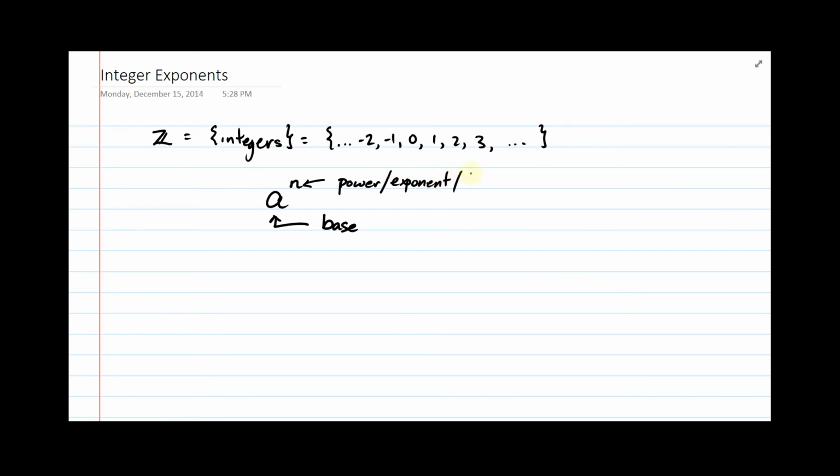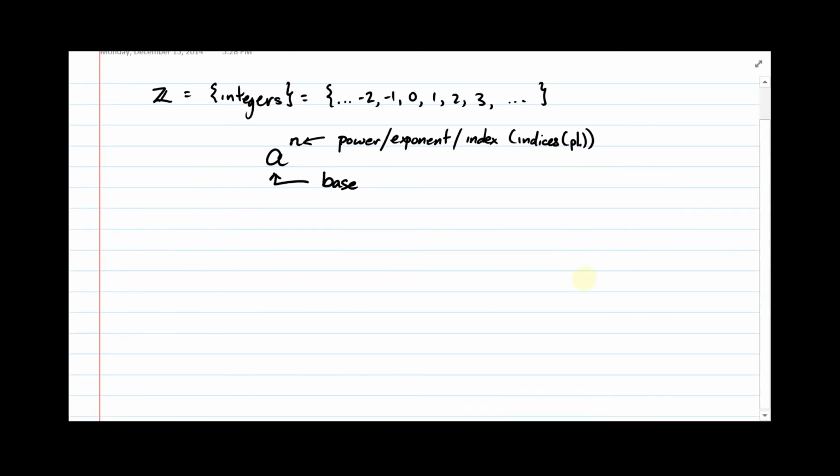It's an exponent. It is an index, or indices in the plural. Okay, so these are the various forms. Now, while we can have fractions and so on, we're going to start off a little bit easy with what we call integer exponents.